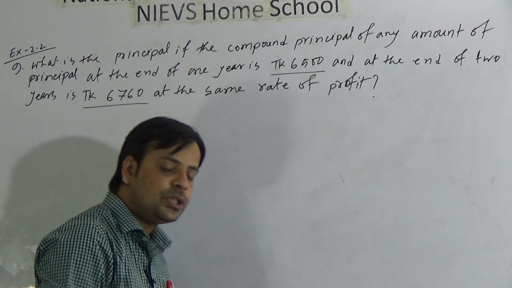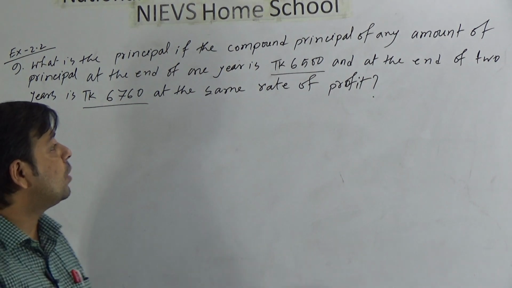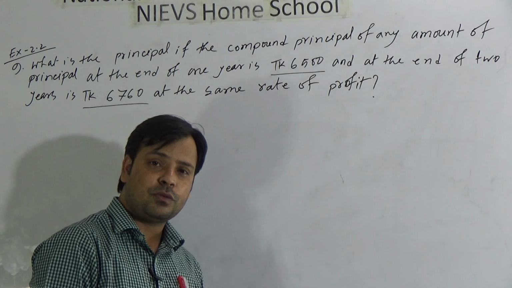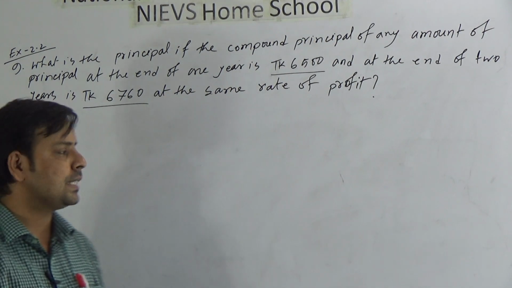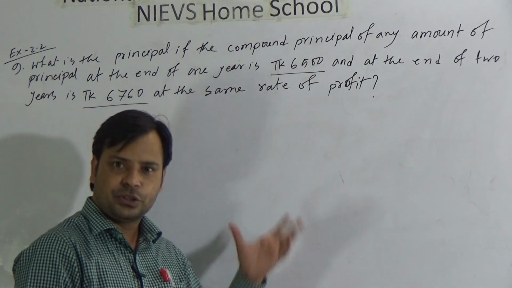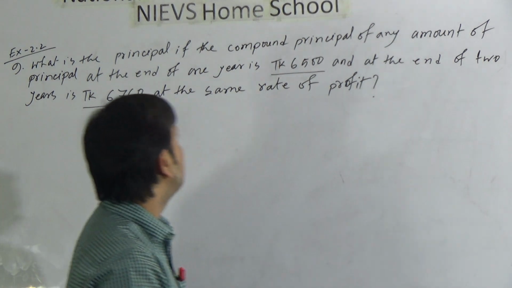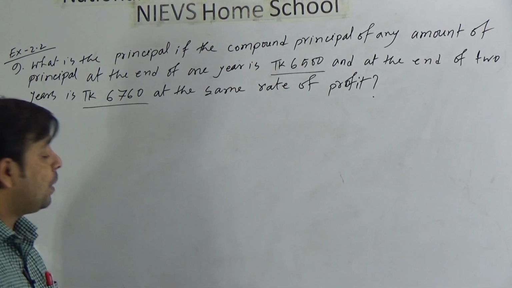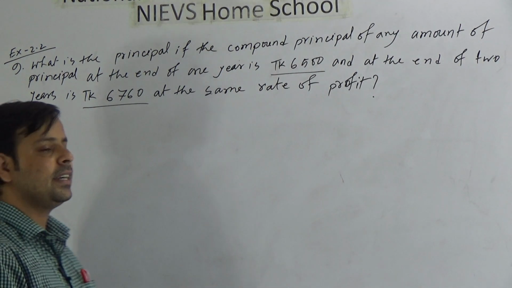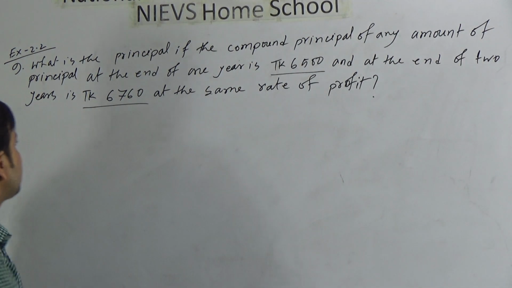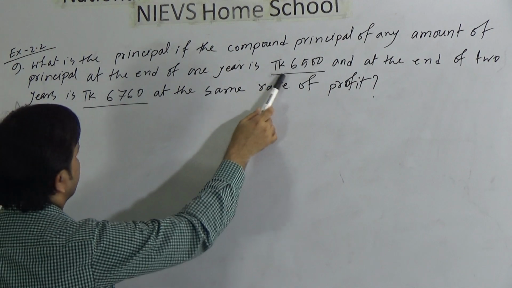Dear students, we know the formula of compound principal at the end of 1 year, at the end of 2 years, at the end of nth year. Applying that formula, we can determine the compound principal at the end of 1 year and at the end of 2 years. From that, we can get two equations.